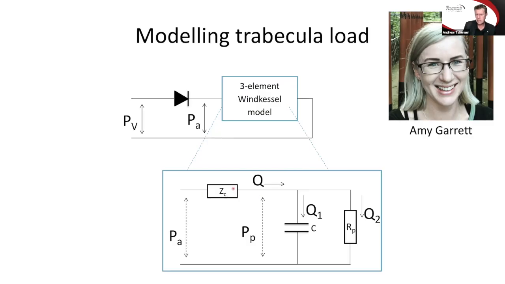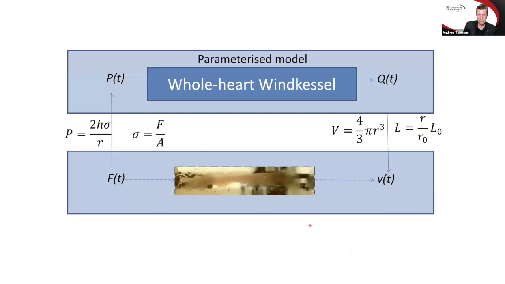There is a characteristic impedance of the aorta, there's the capacitance of your circulation, and there's the peripheral resistance. So this model can be used to create a real-time representation of what the heart normally experiences. And so we encode this in some hardware. We first scale the force produced by the one-dimensional muscle fiber into its three-dimensional pressure equivalent using a couple of transforming equations.